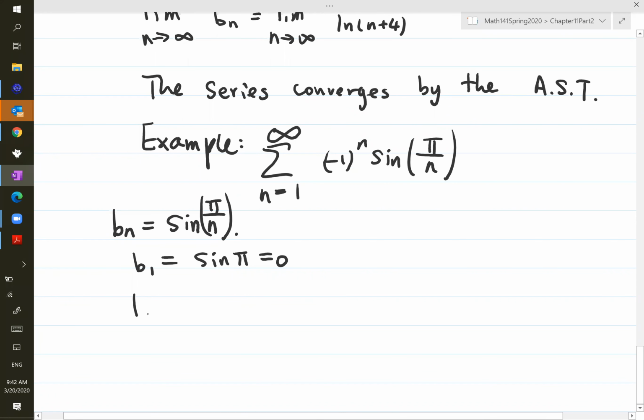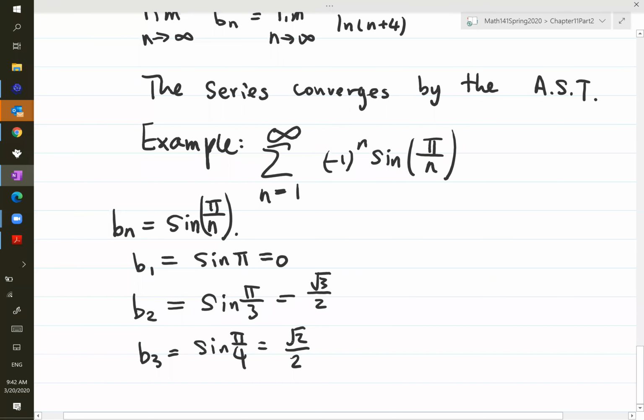As we explained earlier, finitely many terms do not change whether it converges or diverges, so it does not matter. So b3 is sine pi over 3, which is root 3 over 2, and b4 is sine pi over 4, which is root 2 over 2.